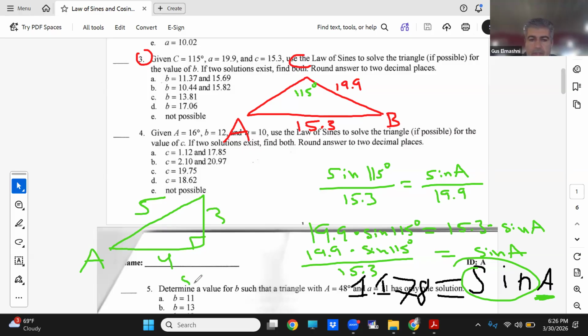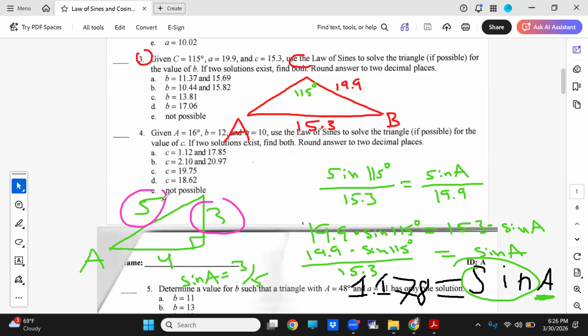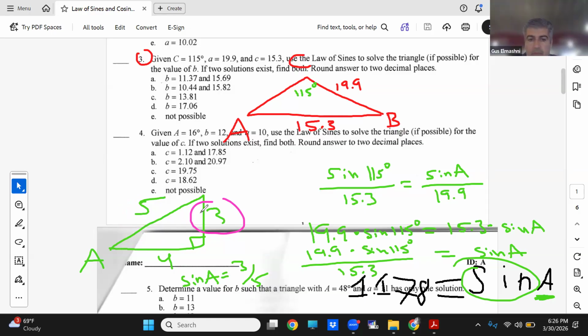So sine of angle A would be 3/5 here. Now it's very obvious this side has to be less than this side because 5 is opposite the biggest angle. It's opposite 90 degrees. 3 is opposite an angle less than 90. So we know this fraction is less than 1.